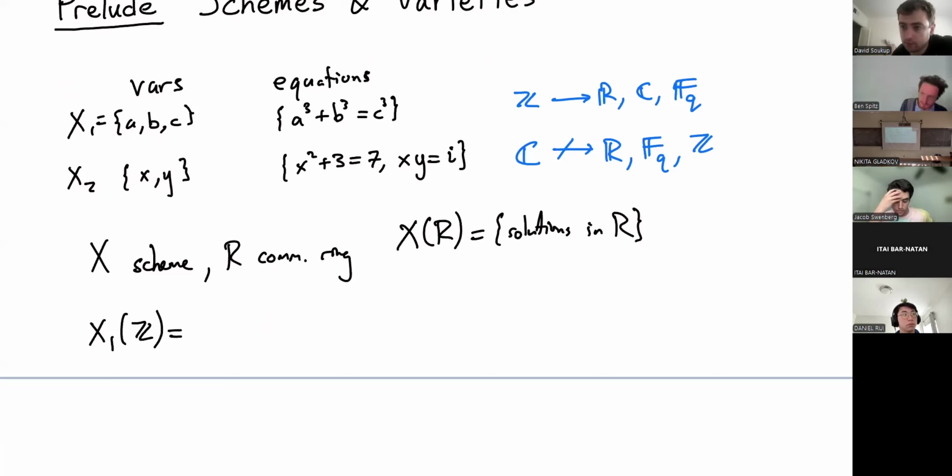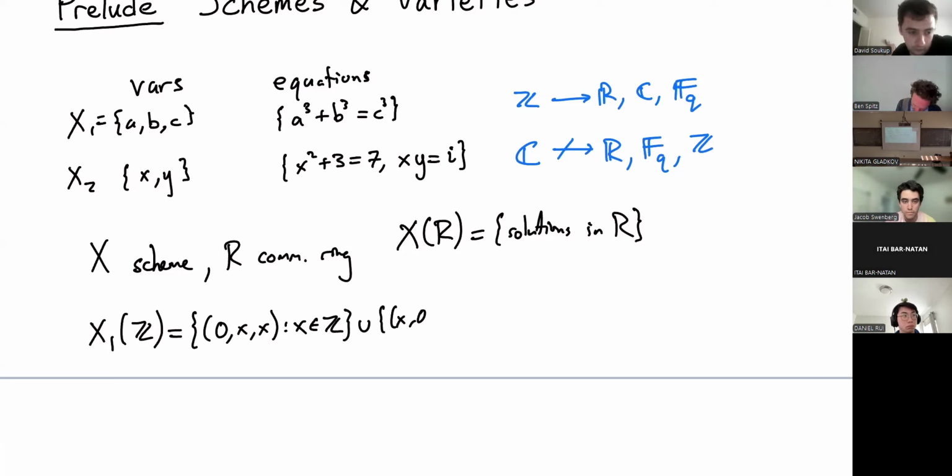And it turns out there's not that many. You can have 0, x, x for any x. You can have x, 0, x for any x, right? If a is 0 or b is 0, we get a solution that way. And it turns out that's it. That's Fermat's last theorem. Great. No, wait, maybe that's not true.